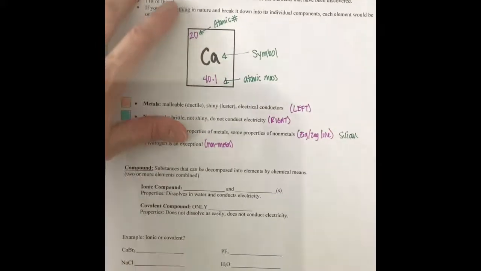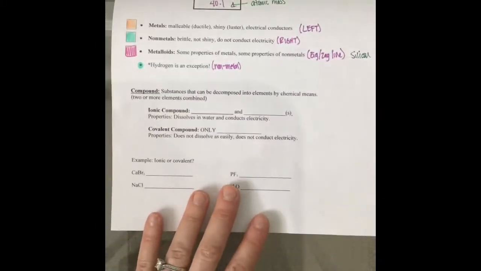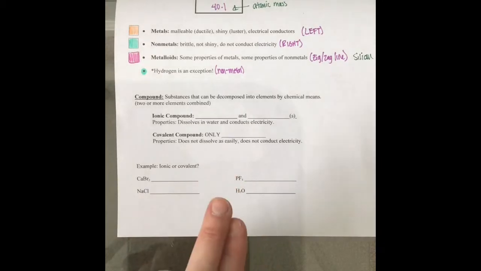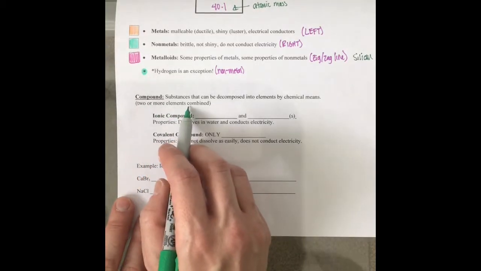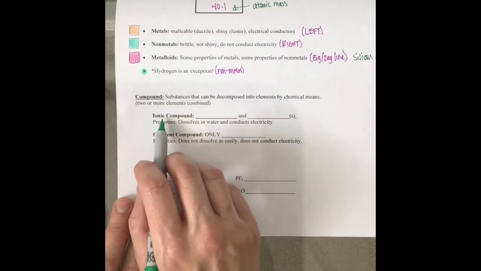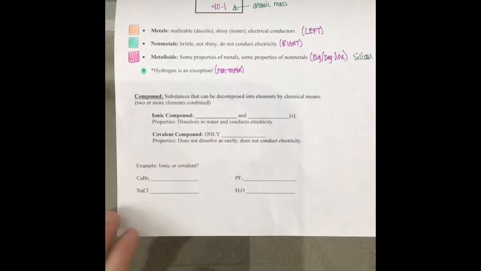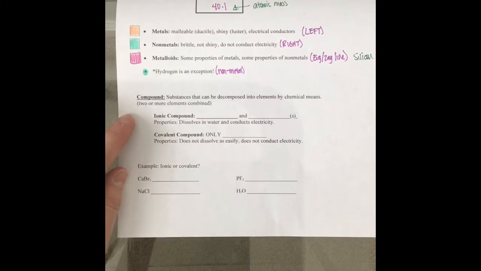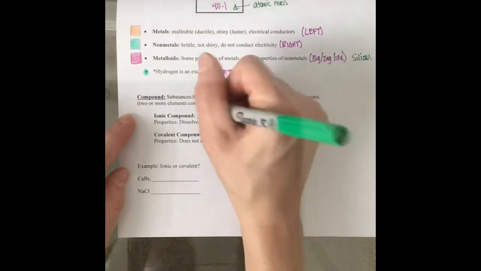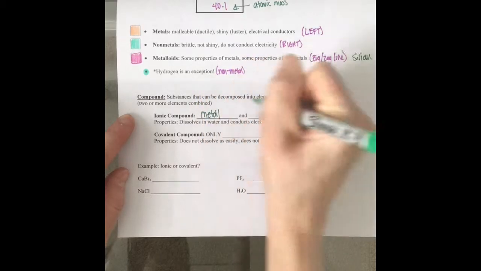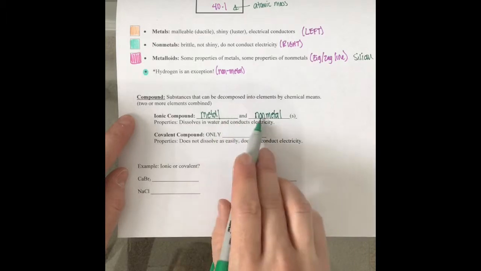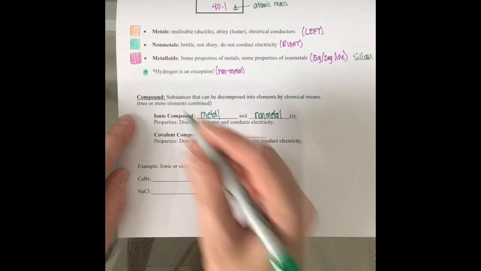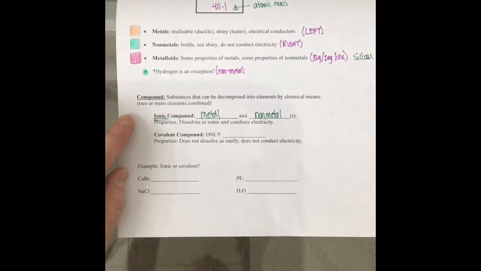Okay, let's jump down here to this bottom section. We're going to talk about what happens when you put two different elements together. Okay, this is called a compound, two or more elements combined. And there's two different types that we need to know for this class. An ionic compound is when you put a metal with a nonmetal. When you have one of each. That's called ionic.